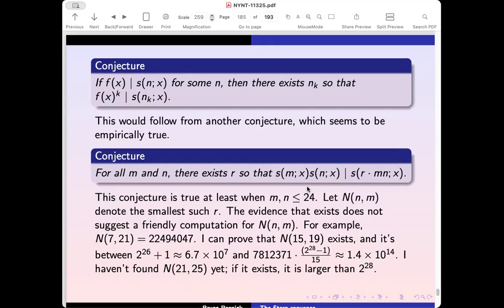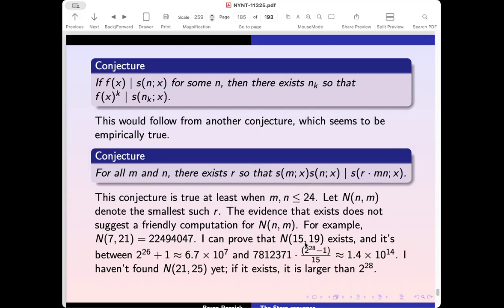I also have a conjecture that if you pick any m and n, you can find a Stern polynomial that the product S of m, S of n divides. I've verified this up to 24, but it's not very nice. The smallest multiple when m is 7 and n is 21 is this number at about 22 million.